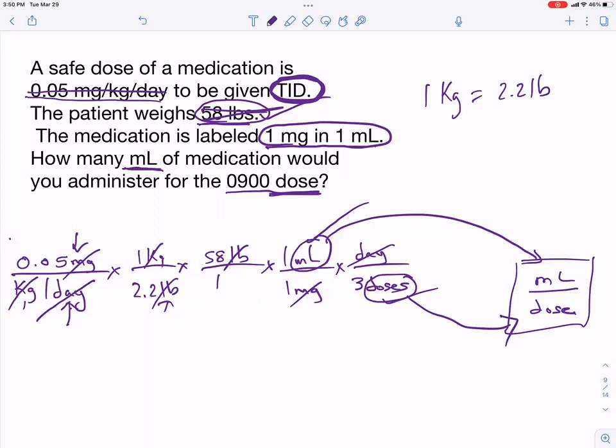So 0.05 times 58 is 2.9. And if my math is wrong, I'm so sorry. 2.2 times 3 is 6.6. And when I divide 6.6 into 2.9, I'll get 0.439. And remember the rounding rules, less than 1, we round to the hundredths. 9 is greater than 5, so I round up. So I'm going to give this patient 0.44 milliliters each dose.